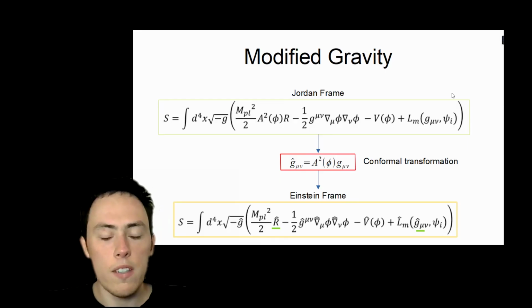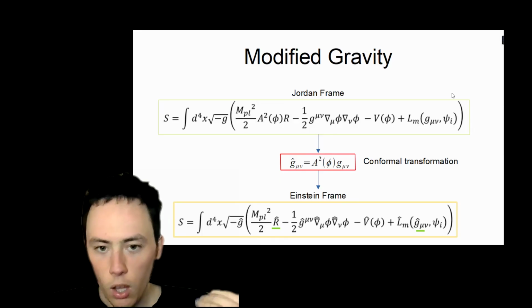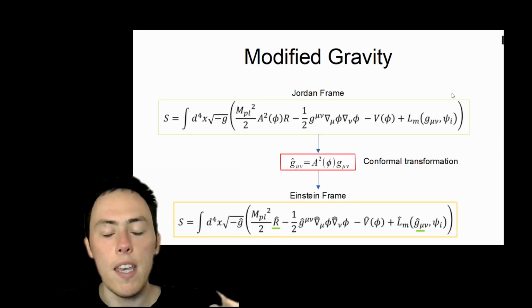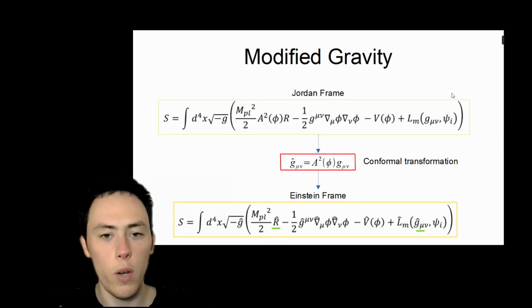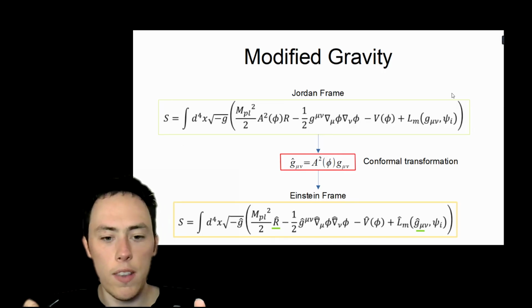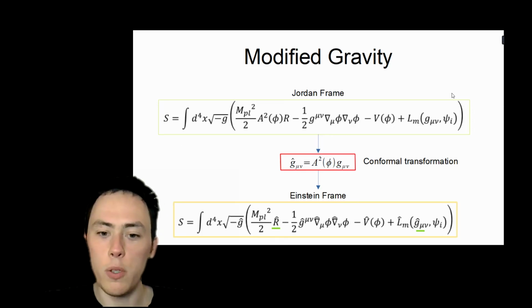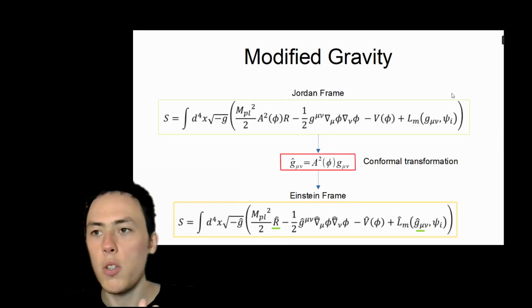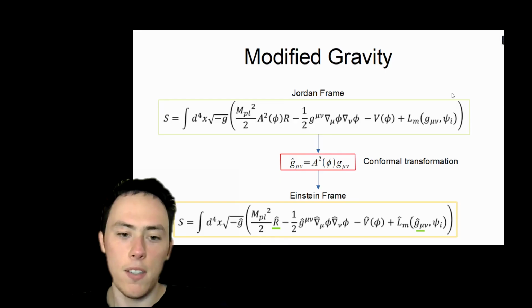This class of models also includes f of R models. What's interesting is if we perform a conformal transformation, so the equation in red, where we're rescaling the metric by some function, we can show that this action is equivalent to the bottom action, where the gravitational part is now once again in the Einstein-Hilbert form, but as a consequence, we now have a conformal coupling in the matter sector.